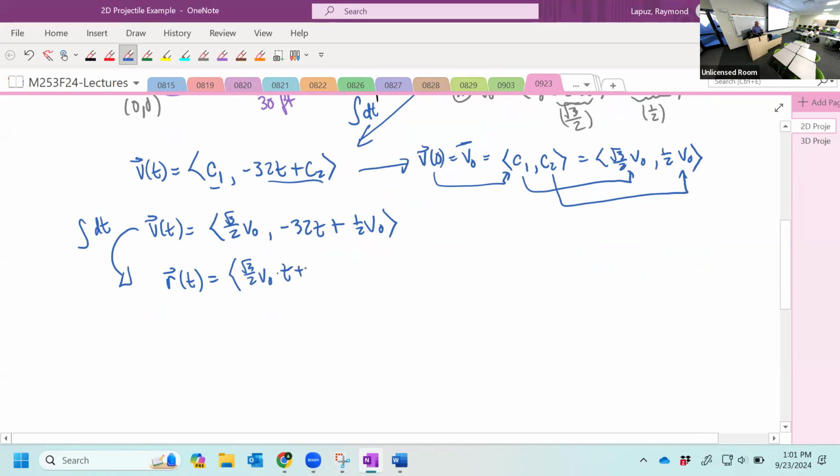Plus, don't forget those arbitrary constants that pop up, D1, since I already used C. And then negative 16t squared plus 1/2 v naught times t plus another constant D2.